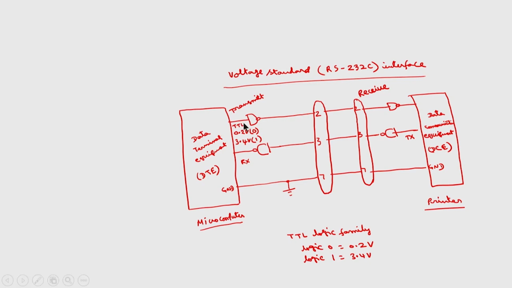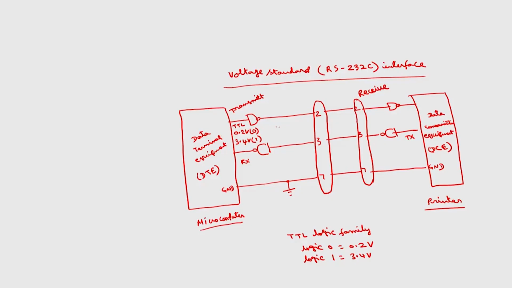But RS-232C will not support TTL signals. It has its own logic 0 and logic 1. Logic 0 is plus 9 volts and minus 9 volts is logic 1. These are the voltages supported by RS-232C.